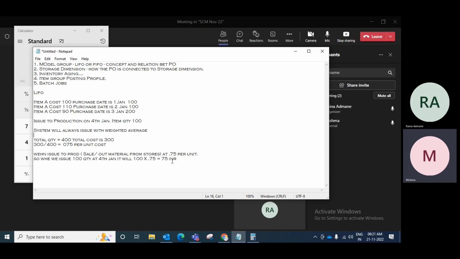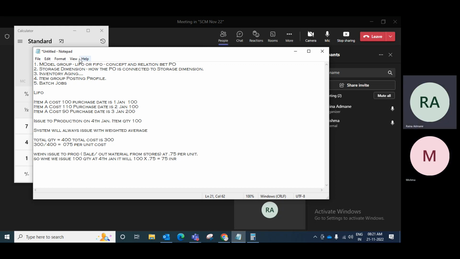Now our method of model group is LIFO. So how will it apply now? The other concept here in the system is that the whole month you are doing transactions.